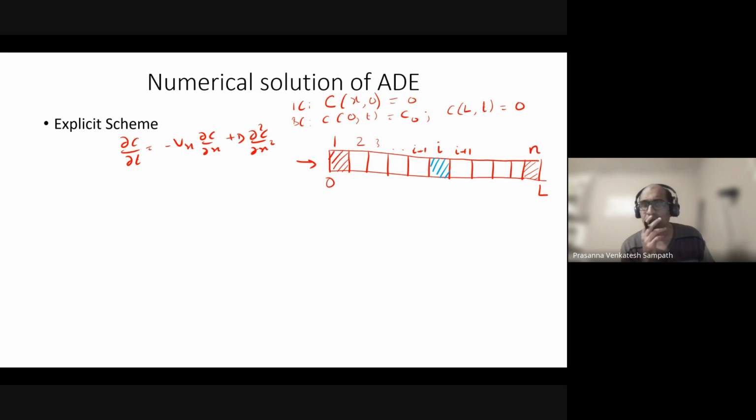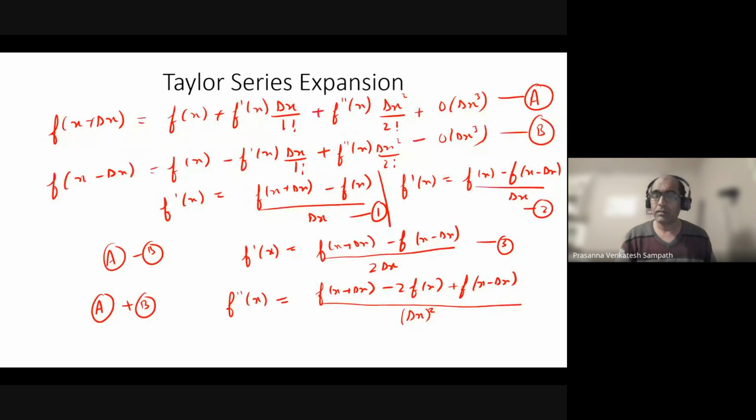Remember, just go back one slide. Here I've written f of x plus delta x. It could easily be f of t plus delta t also. This is generic. I've just written x, but don't assume that x only means x. It can be y, it can be z, it can be t also.